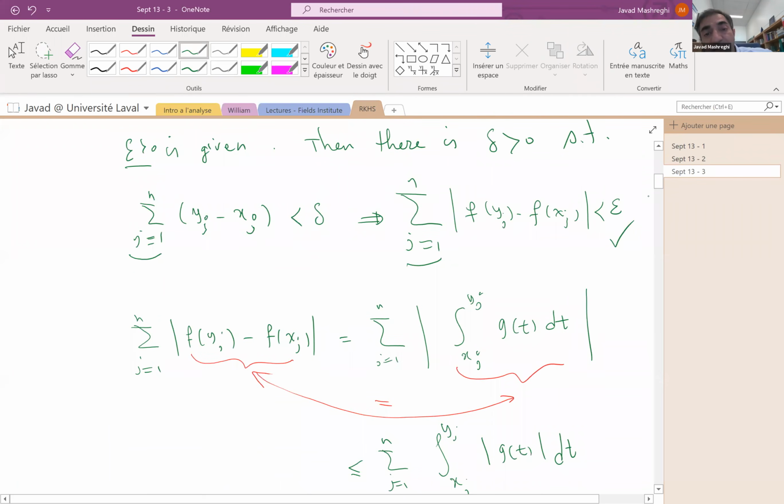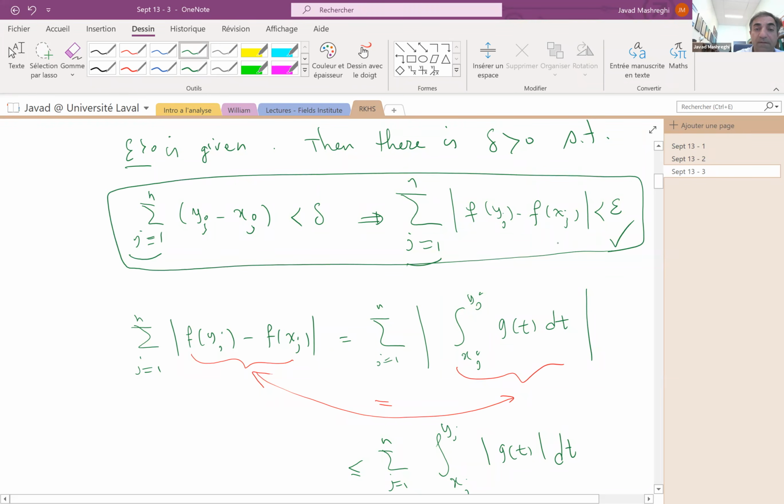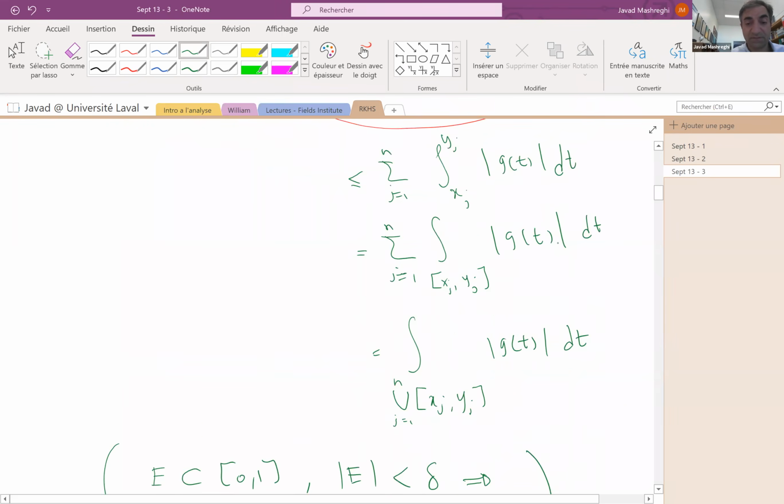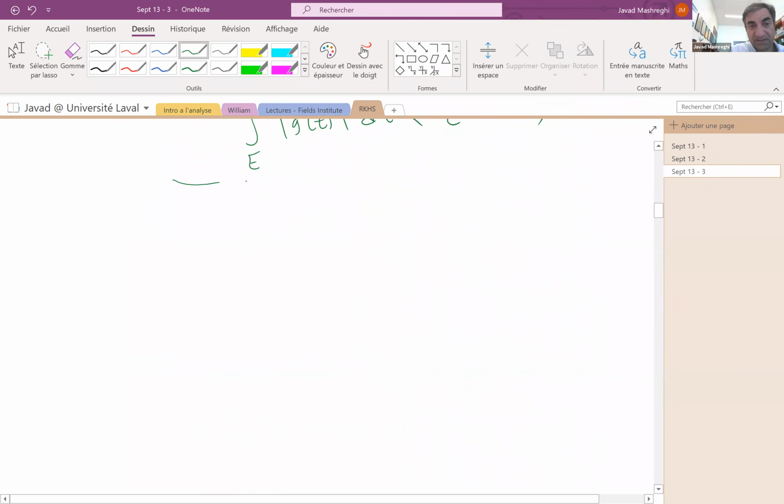So this is the easy part of the definition of absolute continuity. We can live with that. What is more difficult, and it's indeed one of the deep theorems that we prove in analysis 2 or 3, is that if this is true, then we obtain such a representation. In other words, they are equivalent. So the theorem is like this.